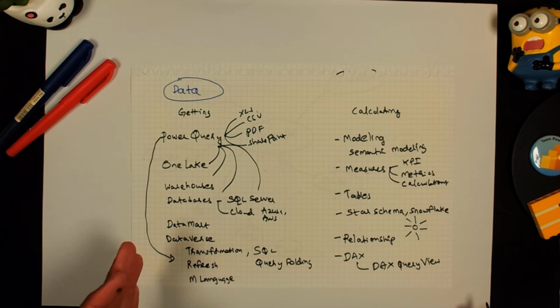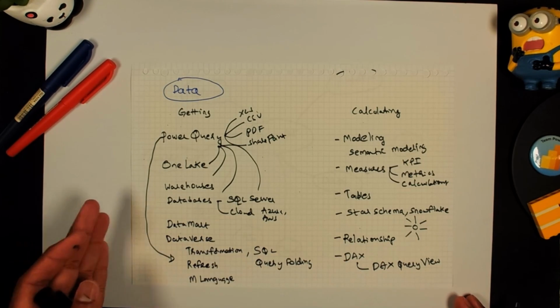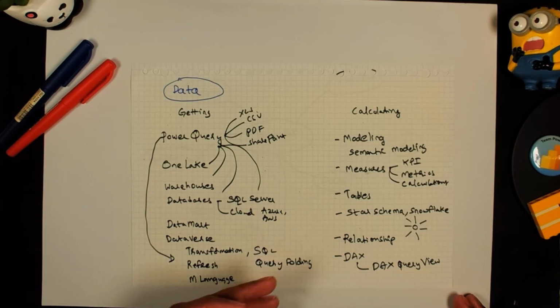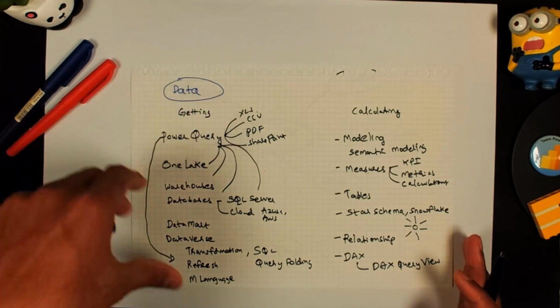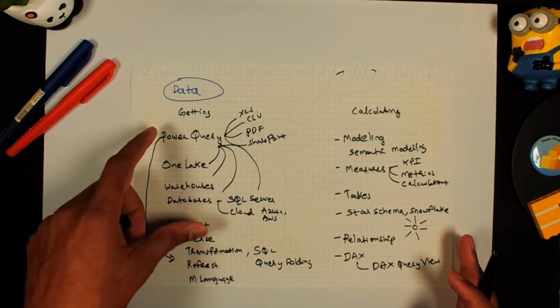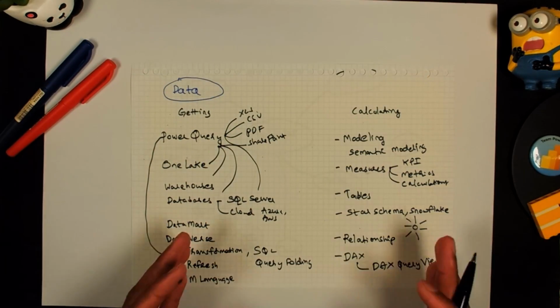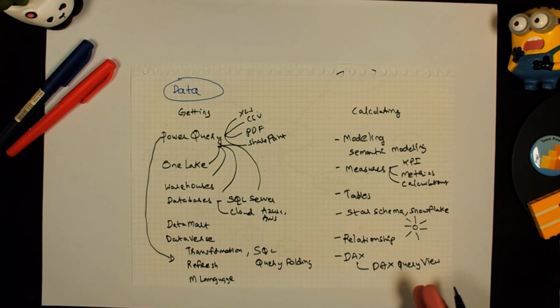And usually in a data process, if you're implementing a Power BI project, these are the first two things that we do. We get the data, we prep it, and we calculate them. So this whole process can be summarized with these jargon words. There are more of them, but these are the main and most important ones.